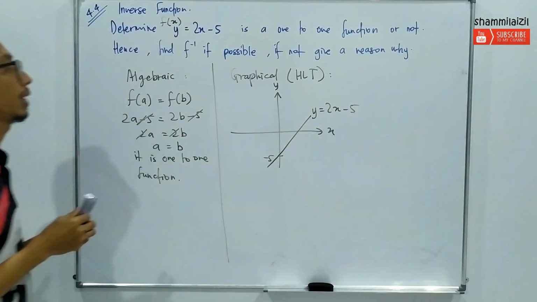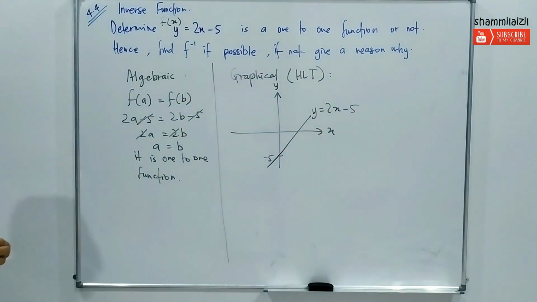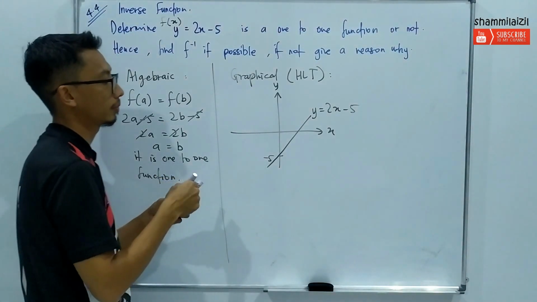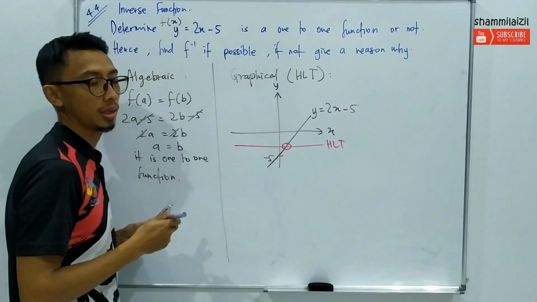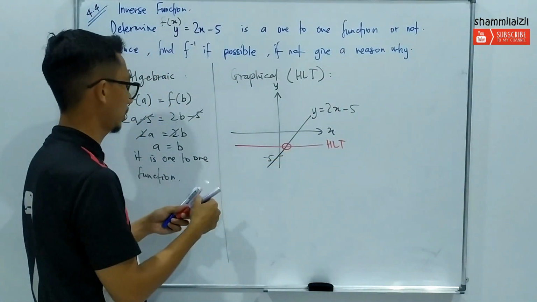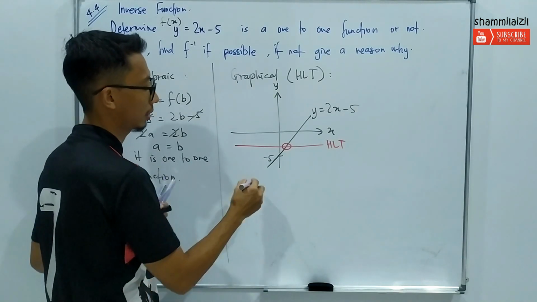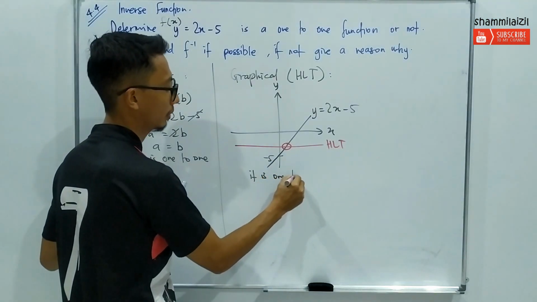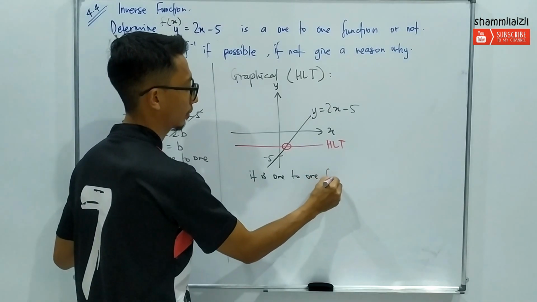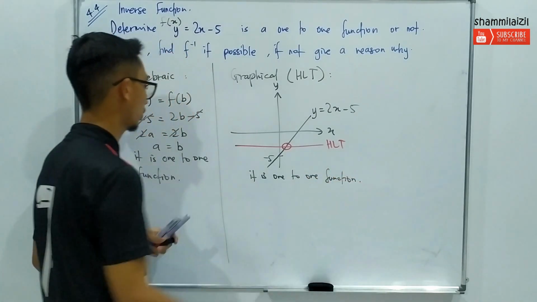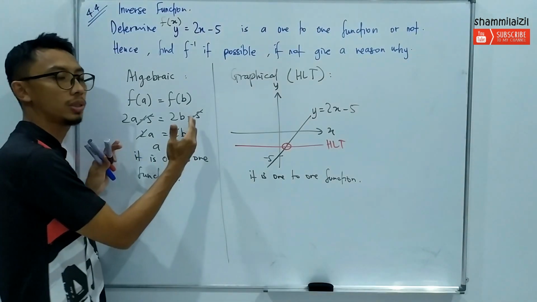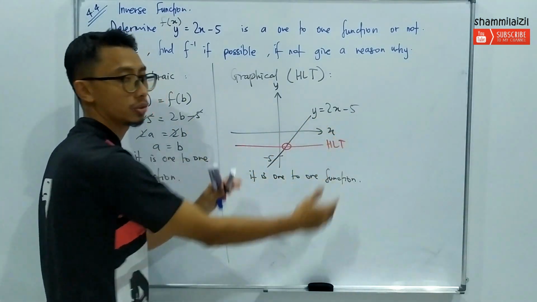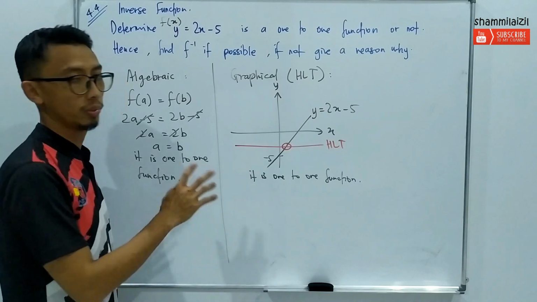Let's draw any possible horizontal line to determine whether it is a one-to-one function or not. Let's say this is my HLT. You can see only one intersection. Only one intersection, therefore it is a one-to-one function. So a similar conclusion to the one that we did with the algebraic method. You can either do this method or this one. No need to put both.